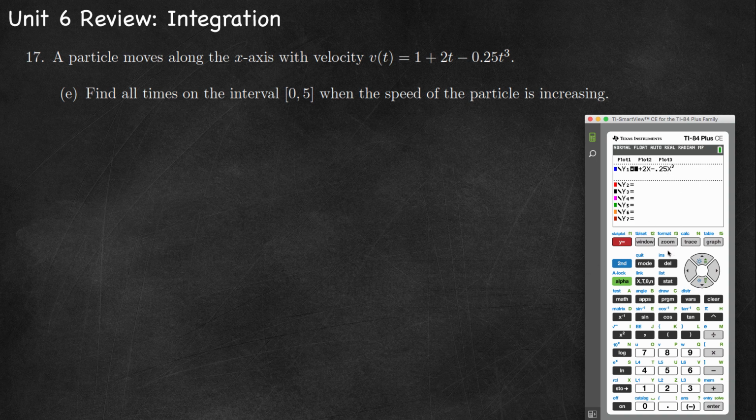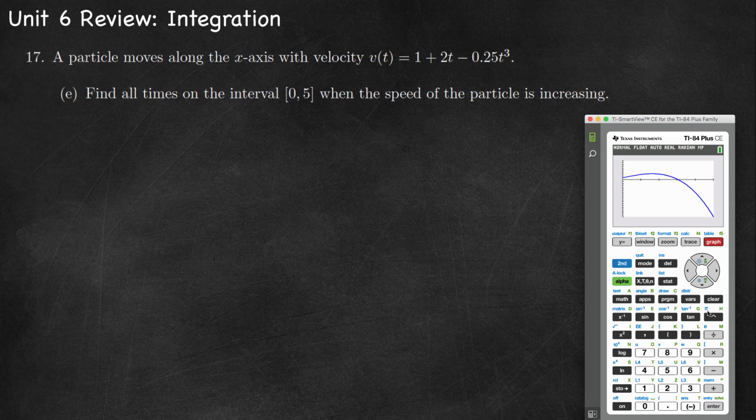We were told to work on the interval from 0 to 5, so I'm going to set up my window to go from 0 to 5, and then I'll adjust my y values if I need to. Let's just make sure we know what's happening on the right side of the graph here. So I will make my y min lower. Let's try -20. Okay, so here is the graph of my velocity.